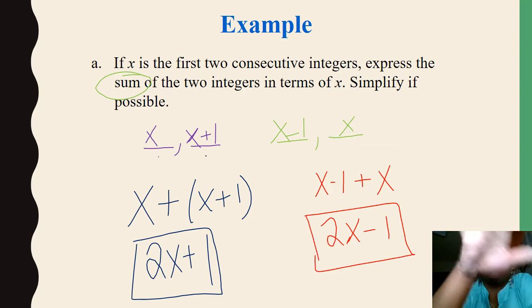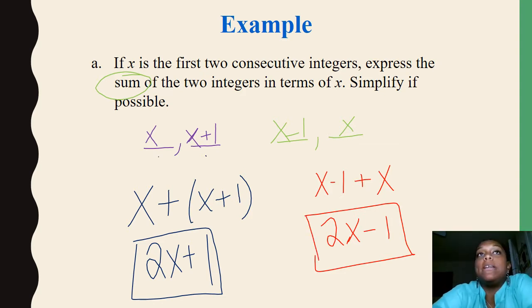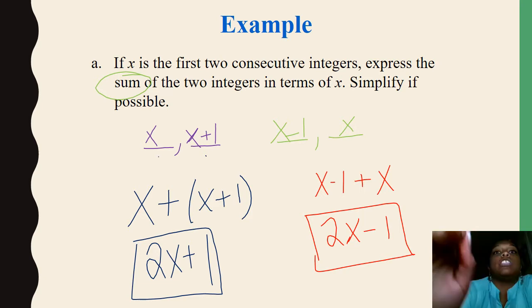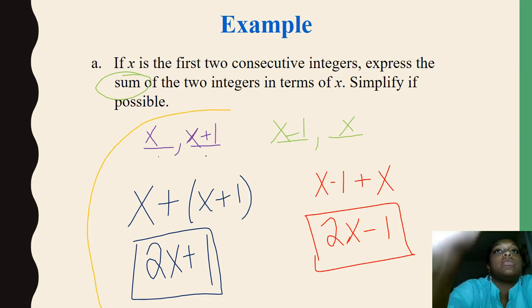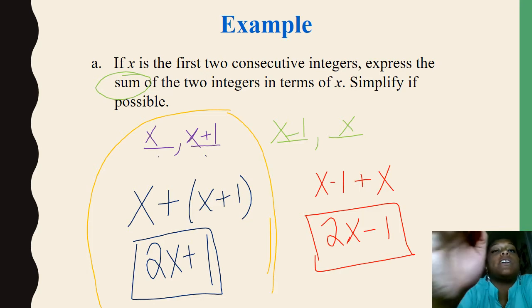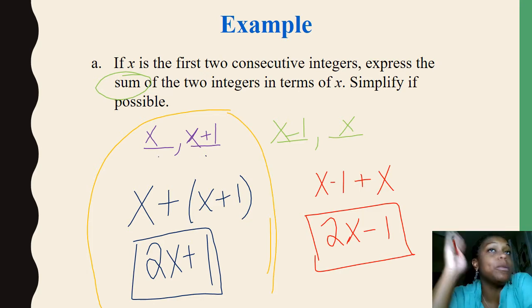Okay? These are both acceptable answers. It just depends on how you initially wrote your consecutive numbers. I strongly suggest to stick with writing it as so, keeping yourself in the positive zone as possible. But you know, some of you are out there like little rebels and want to go with the negative.